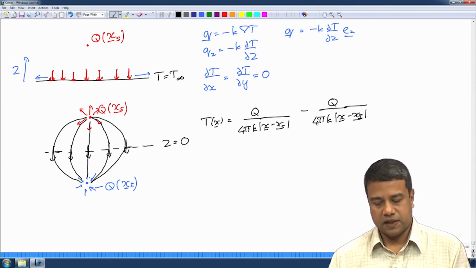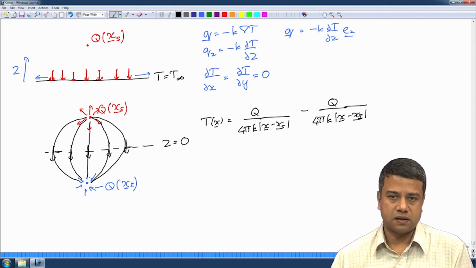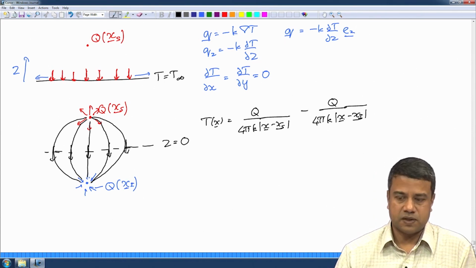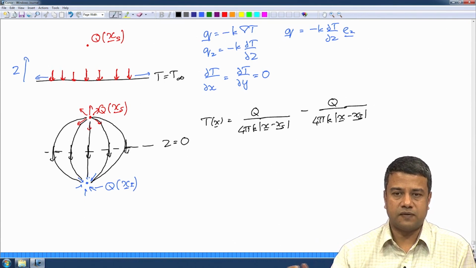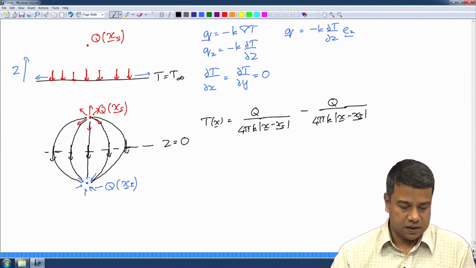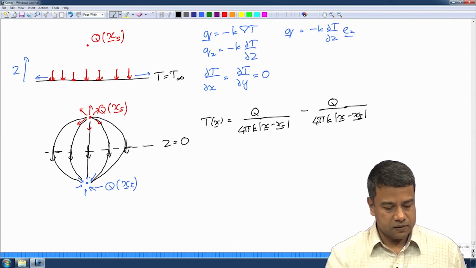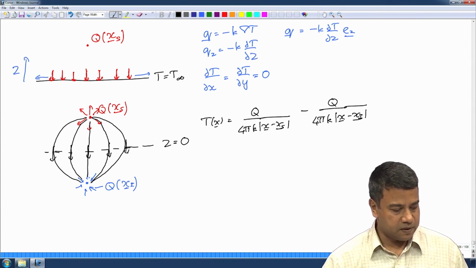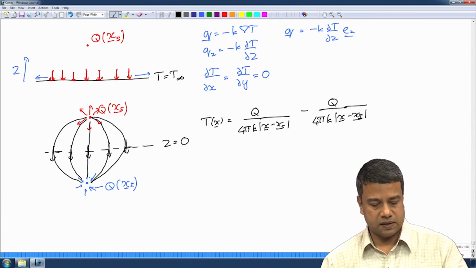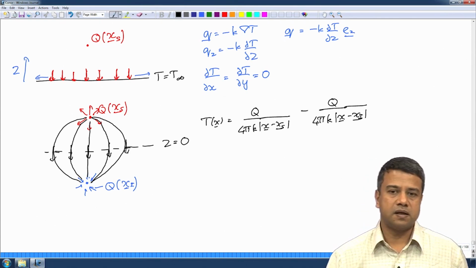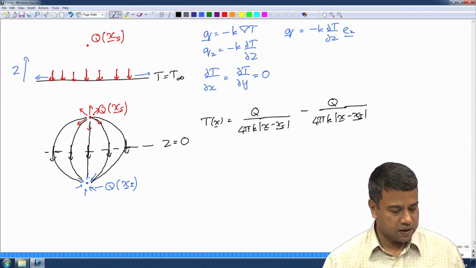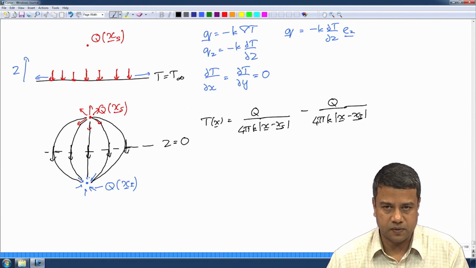So, for any boundary condition, whether it is 0 flux, which means that the derivative of temperature has to be 0, or constant temperature, which means that the temperature minus T infinity has to be 0, in either of these cases, you can replace the original problem by a second problem where you replace the physical boundary by a source or a sink located at the image of that boundary.